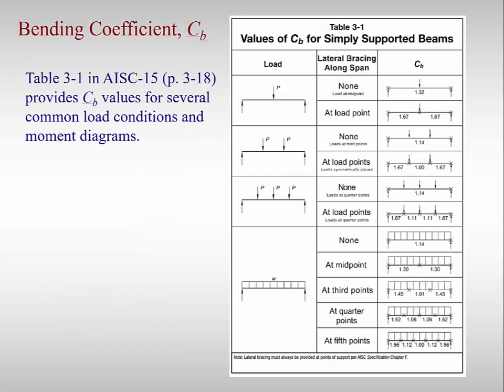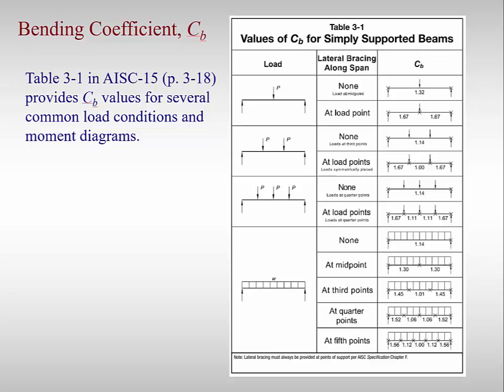Table 3-1 on page 3-18 provides C sub B values for typical loading and bracing conditions. This is a good page to tab. Note that for a simply supported beam with a concentrated load at midspan, the value of C sub B is 1.30 without any lateral bracing except at the end supports.